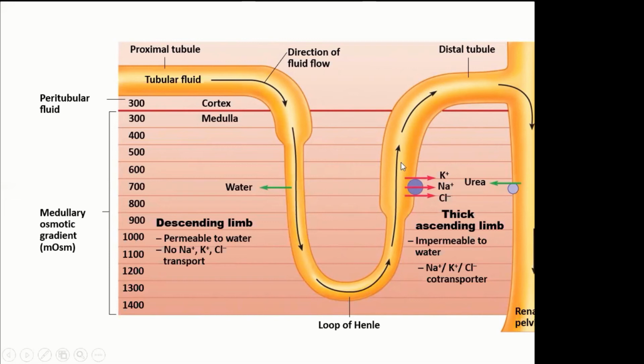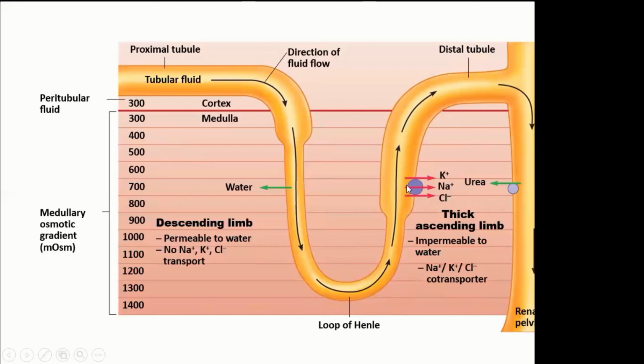But when we look at the thick ascending limb, this is really a large part of where we're setting up this osmolarity. The thick ascending limb is impermeable to water. If it were permeable, we might expect water to also be moving out of this part, but it's not. It doesn't allow water to pass through it.